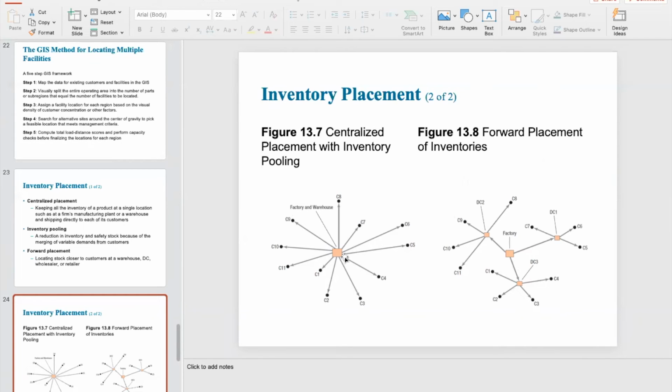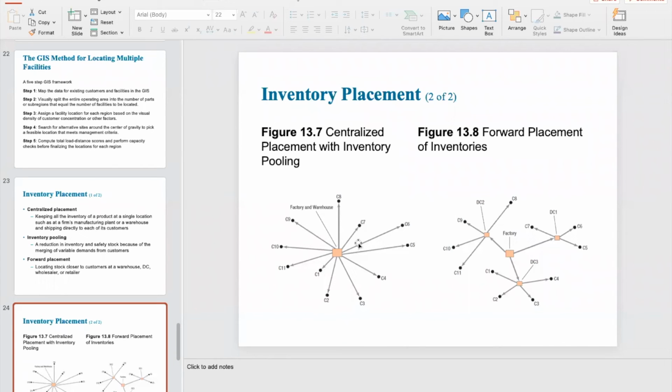You can clearly see that within centralized placement, there is a centralized warehouse located around the middle to serve all of the different customer populations around. However, if we use the forward placement method, then we still have a headquarters around the middle, but we set up a few different delivery centers which are near to different customer populations.